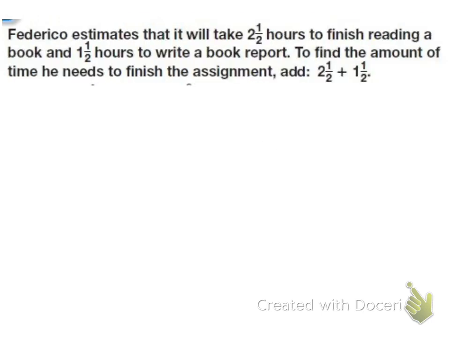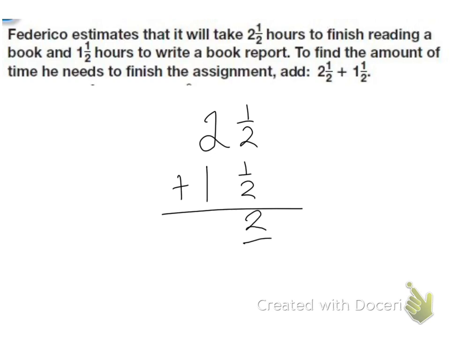Okay, Federico estimates that it'll take about 2 1/2 hours to finish reading a book, and 1 1/2 hours to write a book report. Find the amount of time he needs to finish the assignment. Add 2 1/2 plus 1 1/2. Okay, so let's add these together. We add 1/2 plus 1/2 is 2/2, and 2 plus 1 is 3.